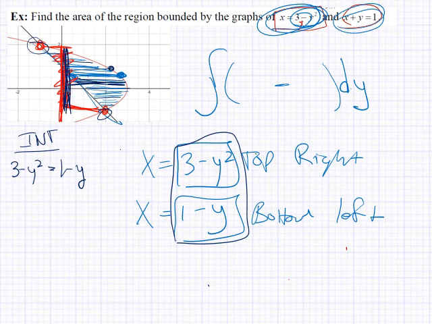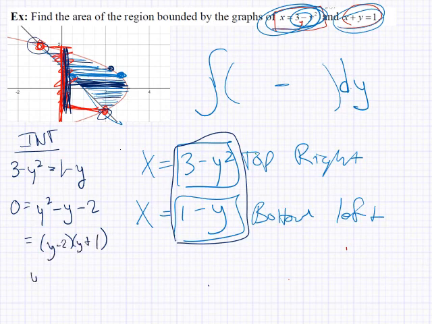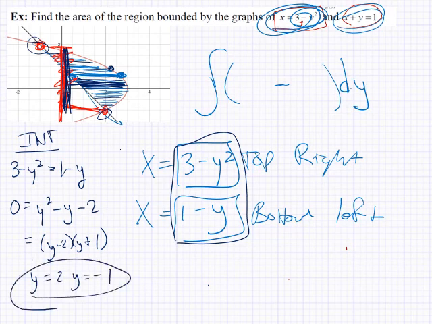Width goes this way, height goes this way. And we would get, say, 0 equals y squared minus y minus 2. So factor that, you get y minus 2, y plus 1. So y equals 2 and y equals negative 1. Okay, so there's your width.